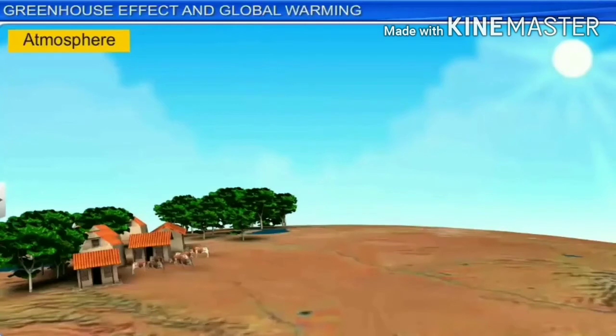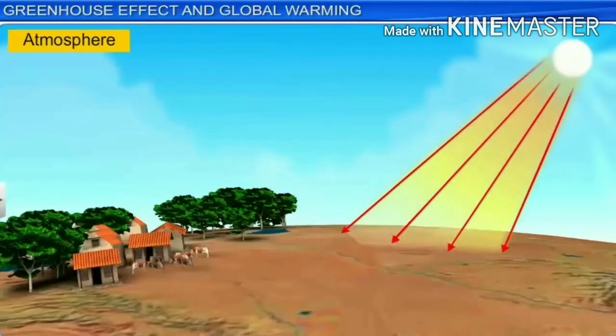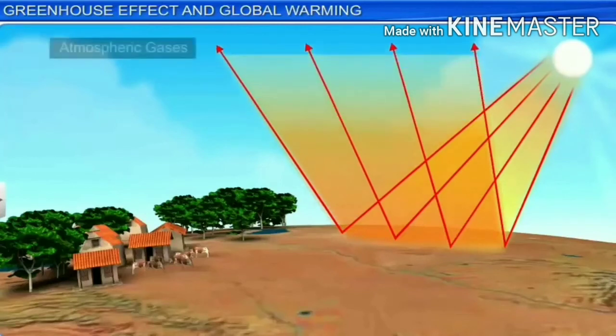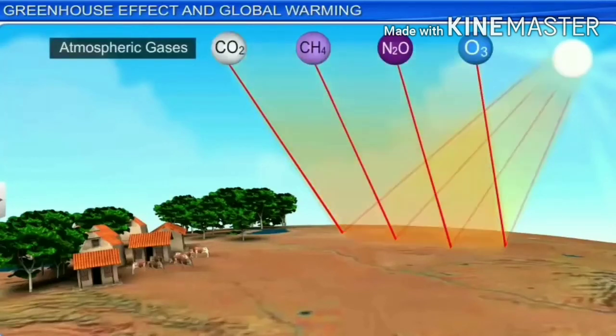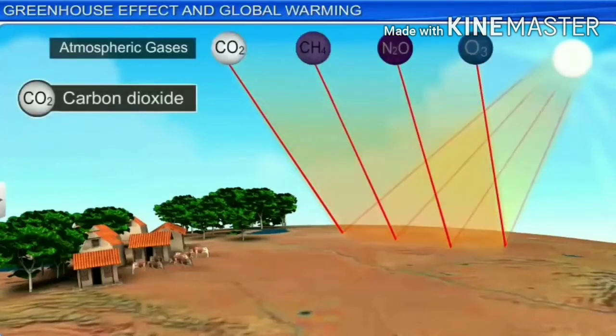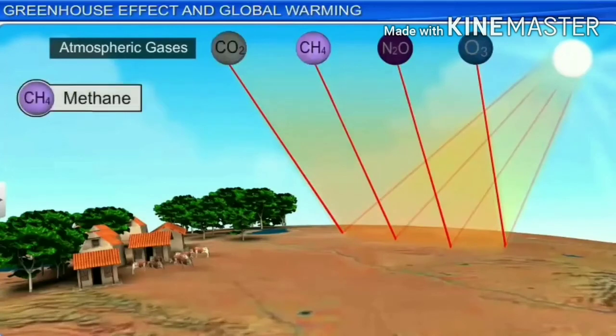Most of this long-wave infrared radiation does not escape back into space, as it is absorbed by atmospheric gases such as carbon dioxide, methane, nitrous oxide, and ozone, to name a few.